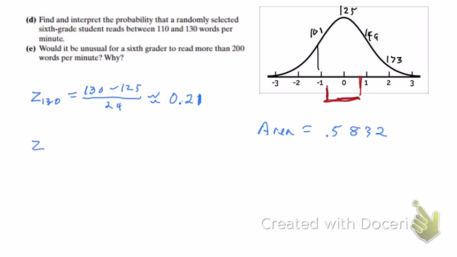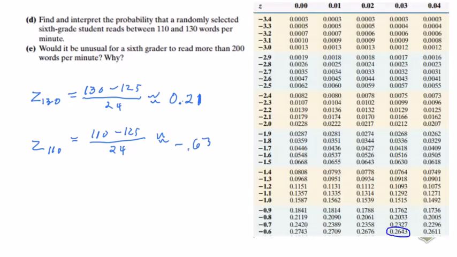I find the z-score of 110. This is going to be a negative number. I'm getting negative 0.625. So rounded off, negative 0.63. The area of that is that 2643.